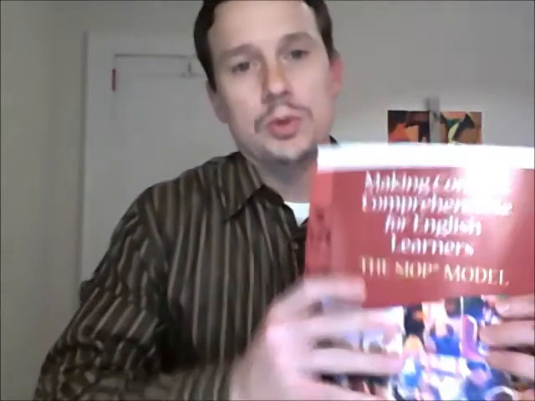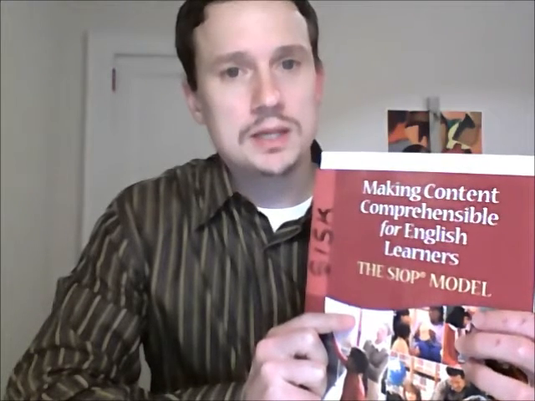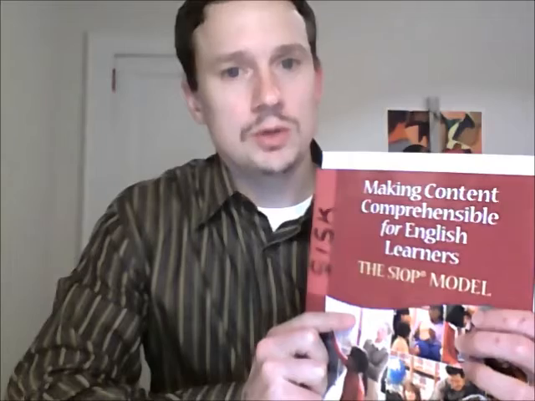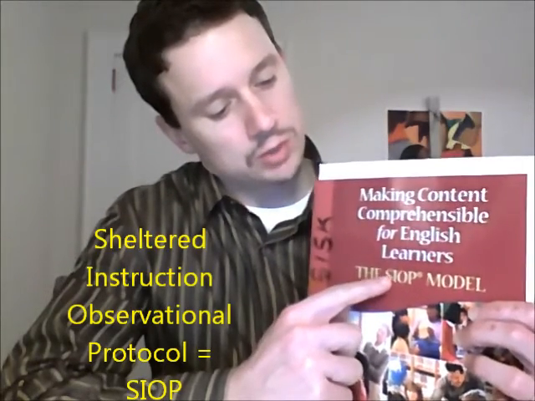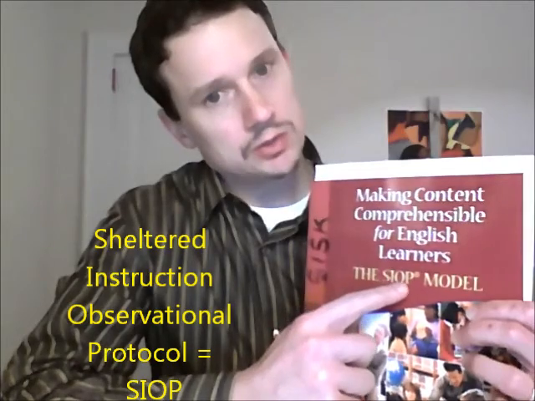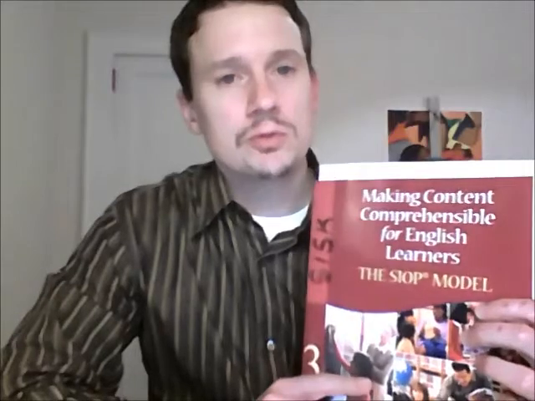Some of you may be familiar with this book. This is the book on the SIOP methodology, the SIOP model. It's called Making Content Comprehensible for English Learners, the SIOP model. And of course, SIOP stands for Sheltered Instruction Observational Protocol. There are many versions of this out.